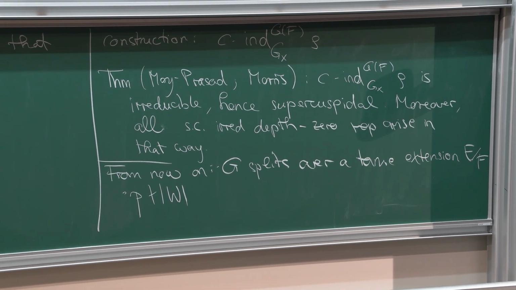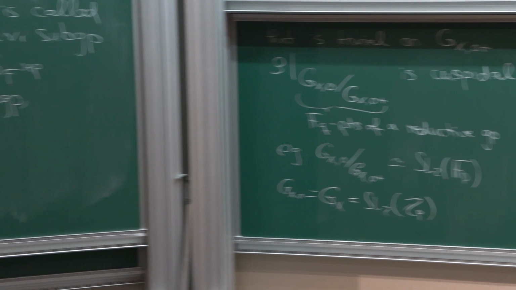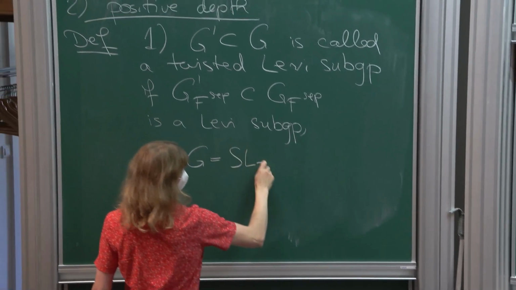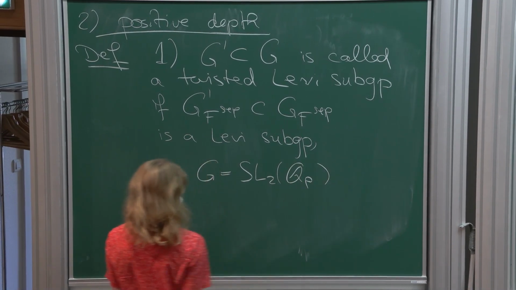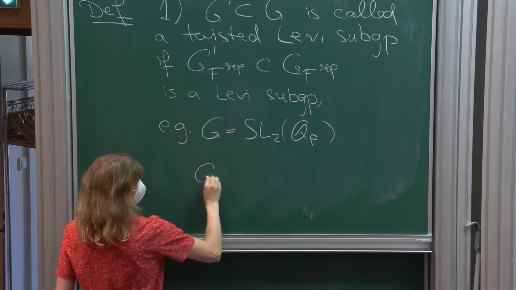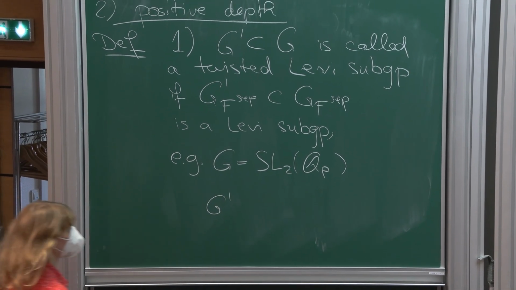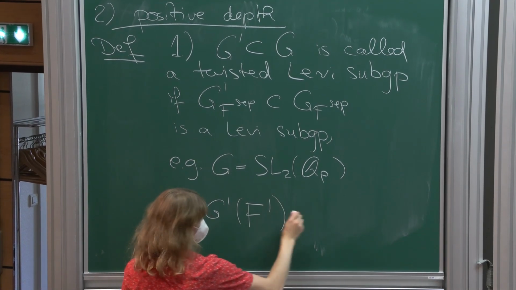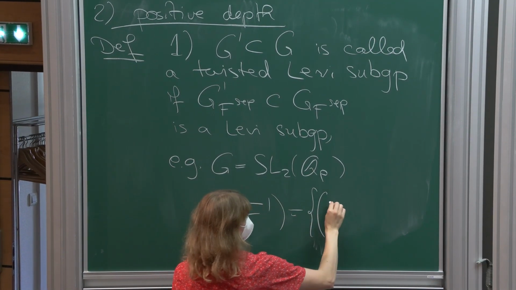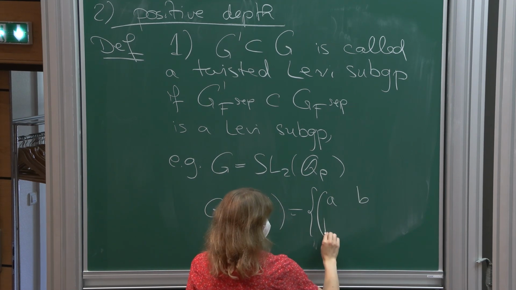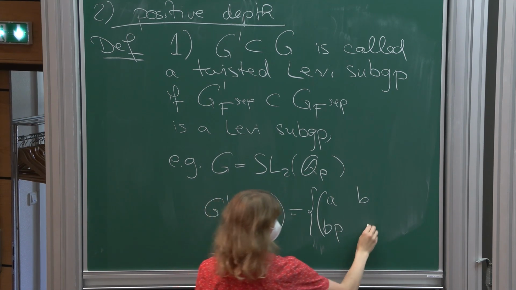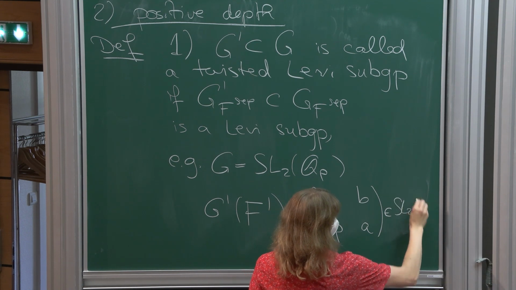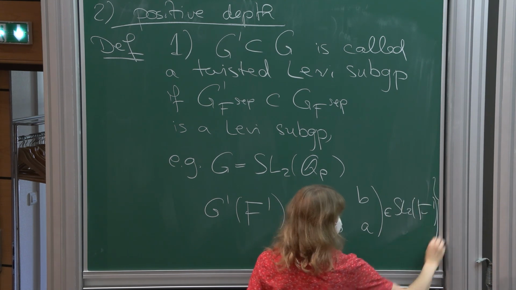Let me give you an example to keep in mind. If G is SL2 of Qp, my favorite example to carry around, you can take as G prime the group that satisfies that G prime of F, or more generally F prime, are the matrices of the form (a, b; p times b, a) inside SL2 of F prime.